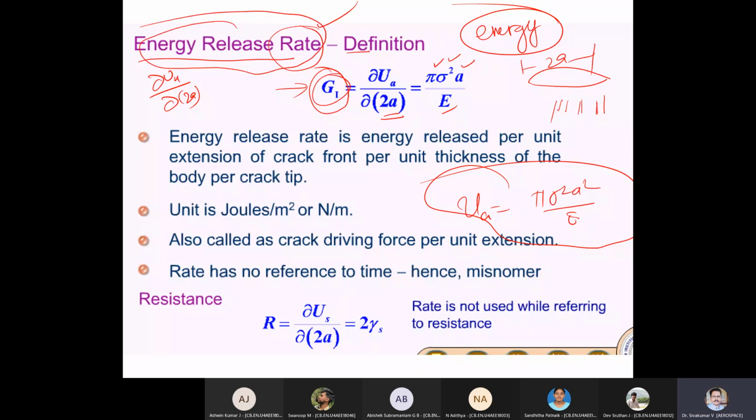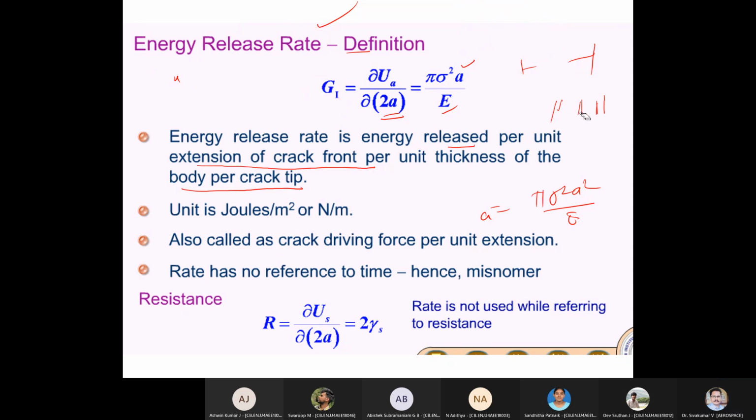So what is this energy release rate? Energy release rate is energy released per unit extension of crack front per unit thickness of the body per crack tip. This is a very, very important definition.